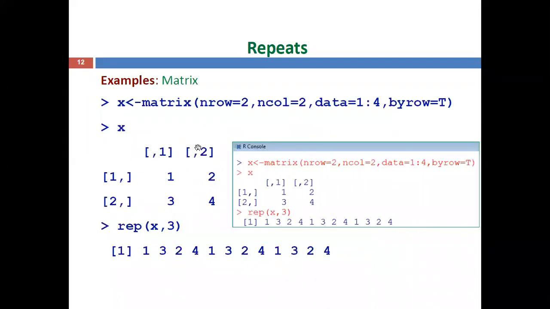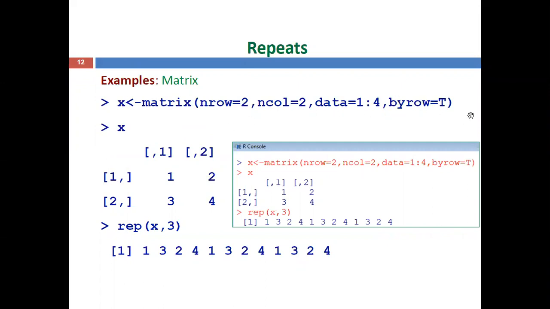Then coming to another example using a matrix. If you want to replicate a matrix, that is also possible. First we create a matrix stored in X. X equal to matrix, number of rows equal to 2, number of columns equal to 2, data equal to 1 to 4, with byrow equal to TRUE.